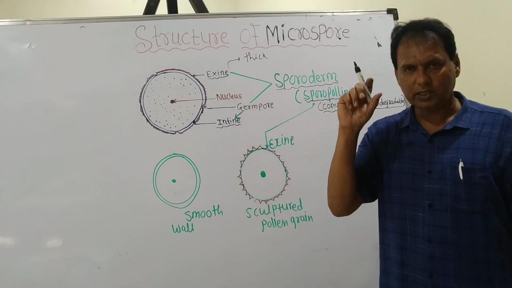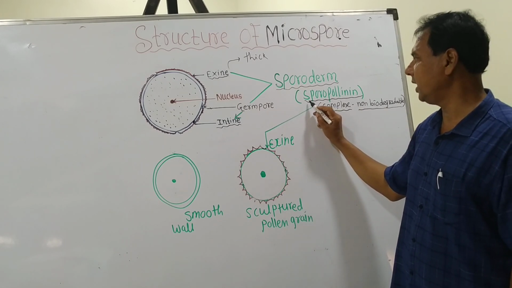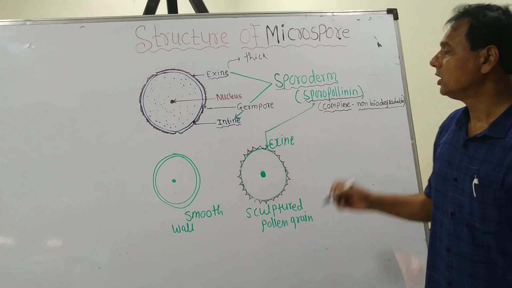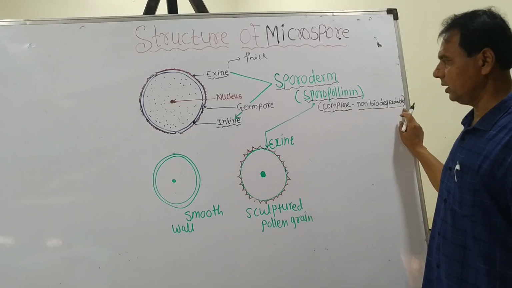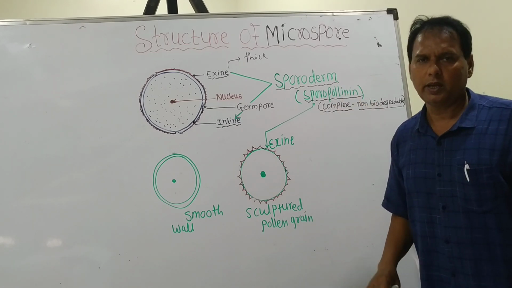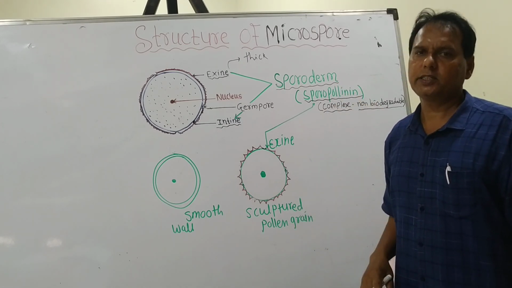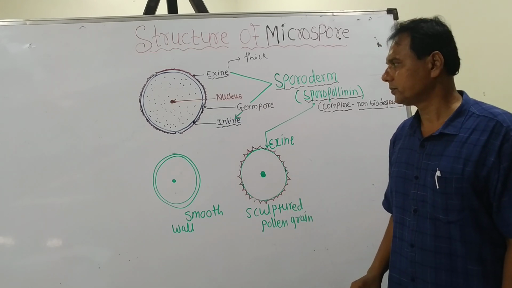Exine is thick and made up of a special substance called sporopollenin. How is sporopollenin? Sporopollenin is complex and non-biodegradable. It protects the pollen grains from degradation by different types of chemicals.